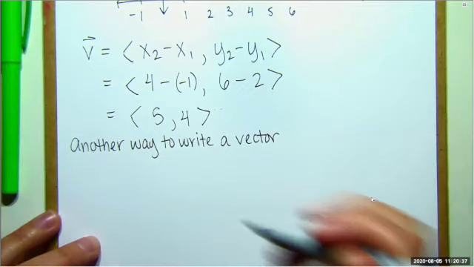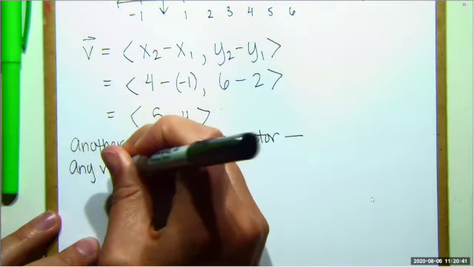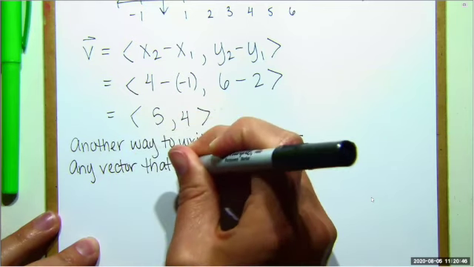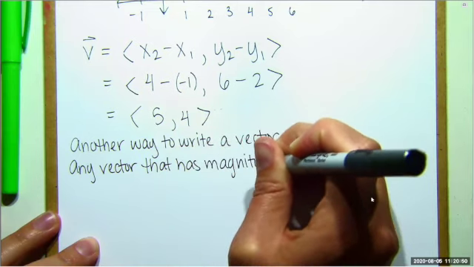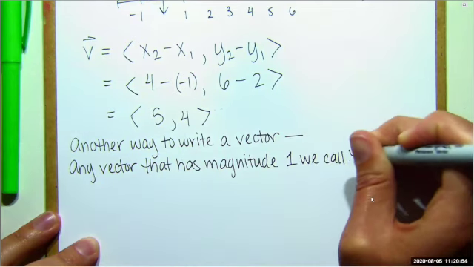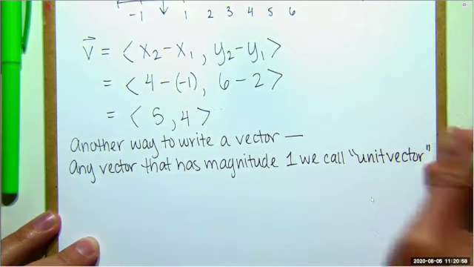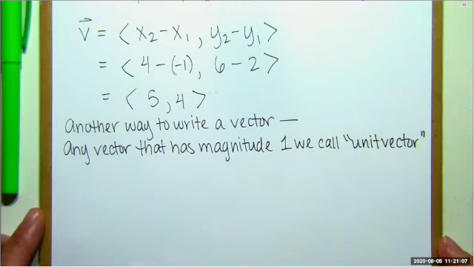Okay, so any vector that has a magnitude of 1 we call a unit vector.